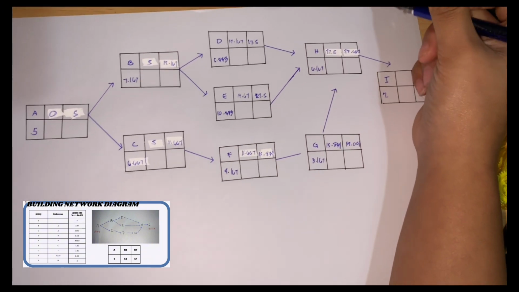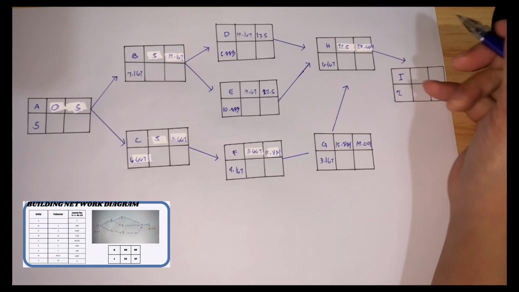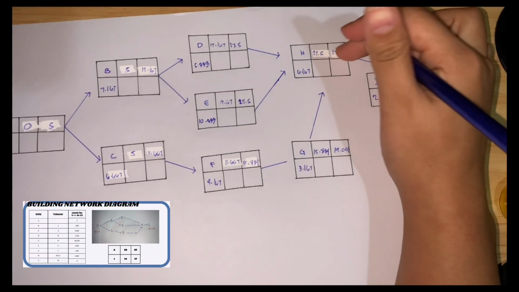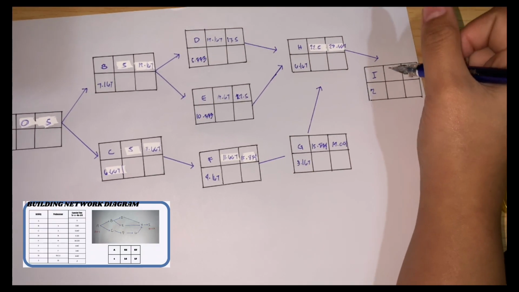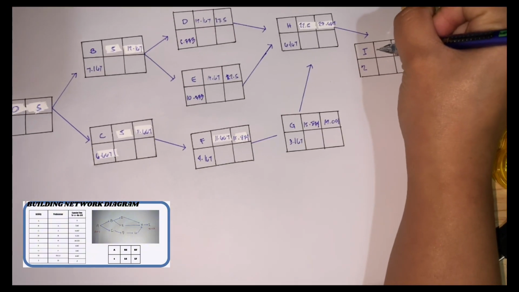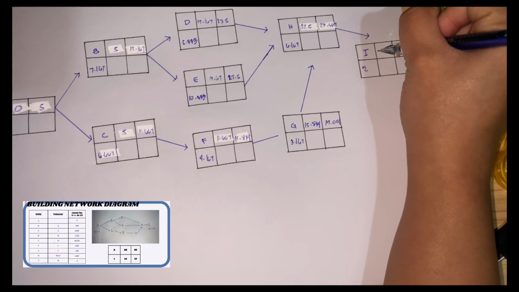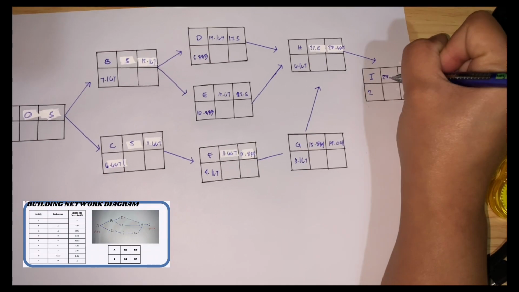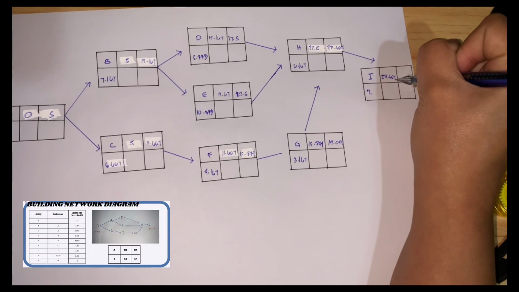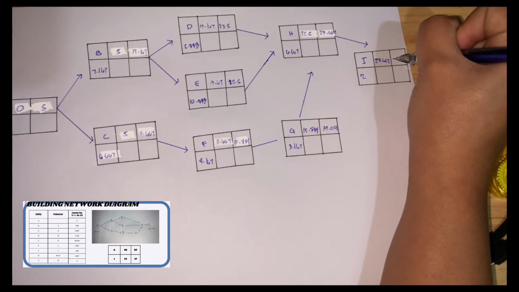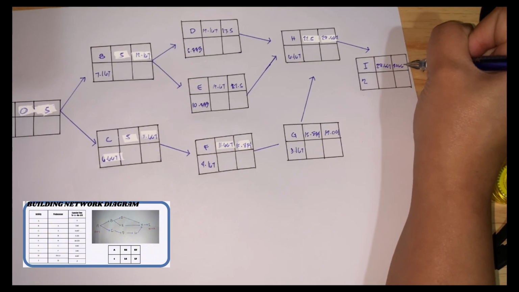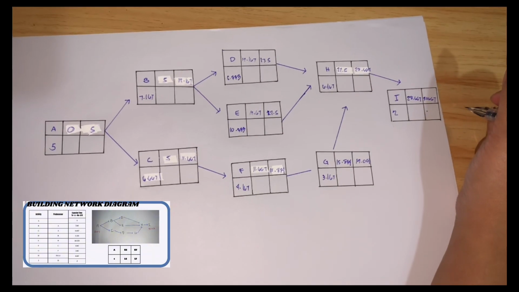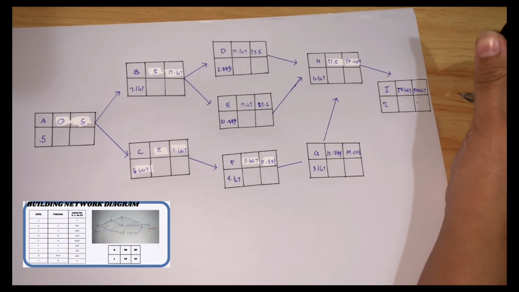Then here's I, since 28.667 is the EF of H, and I comes from H, the ES here is 28.667 plus 2, which is 30.667.